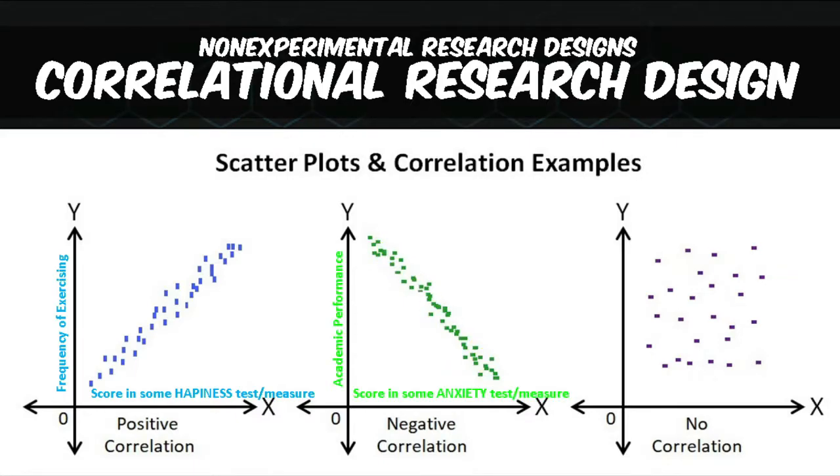An example of two variables that are negatively correlated: let's have a score in some anxiety test. So it's measuring your anxiety. The higher your score here, the more serious your anxiety problem is. This is your academic performance, perhaps measured using your general weighted average or some proficiency examination.